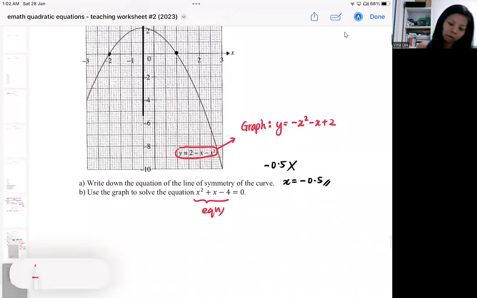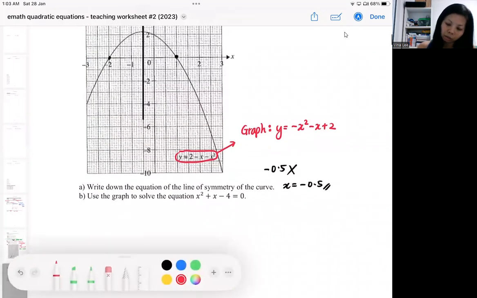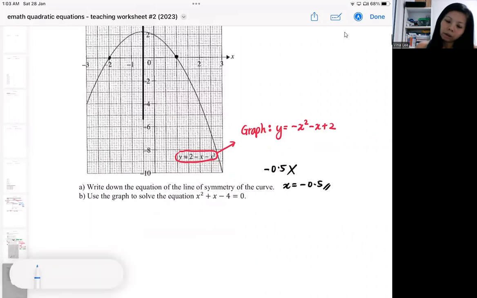So how am I going to match the graph? This part is difficult. If I want to match the graph, I've got to manipulate. So I'm trying to manipulate the negative. So I multiply by -1 on both sides.